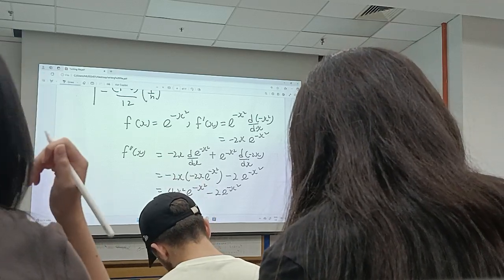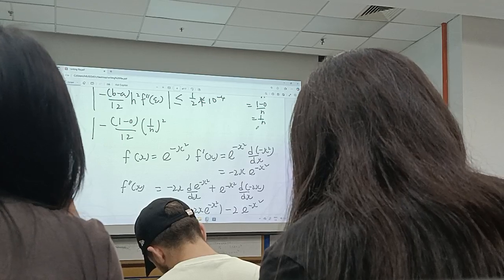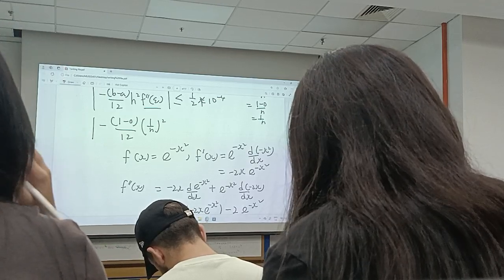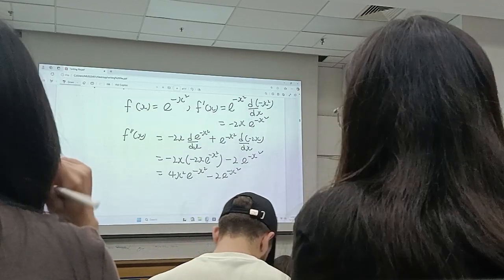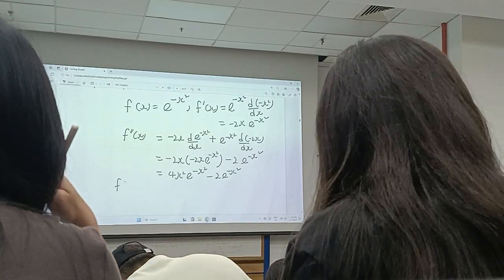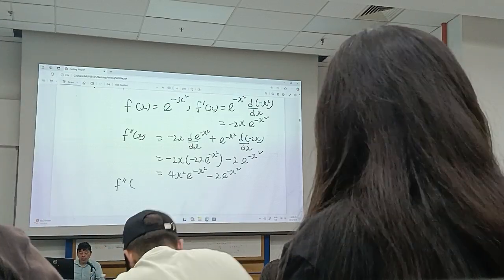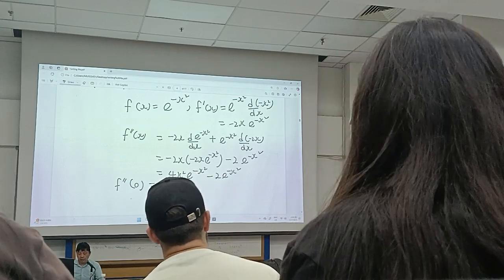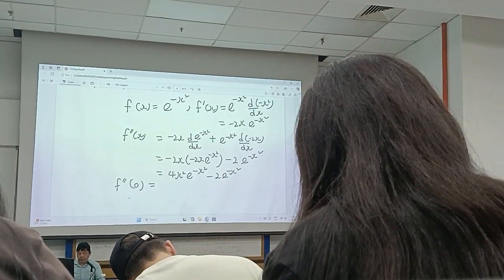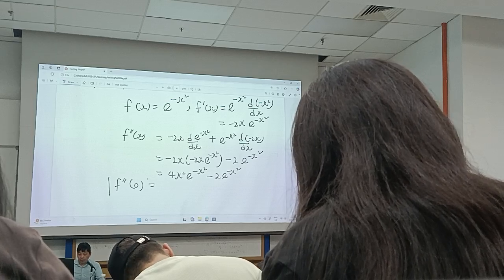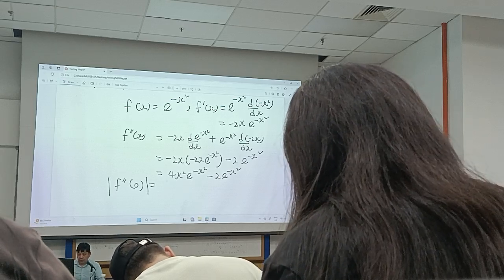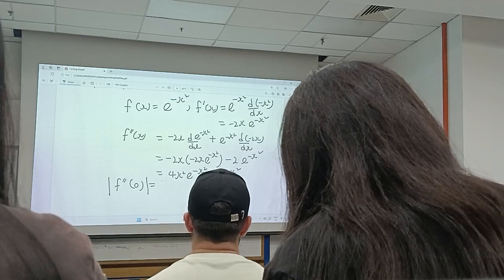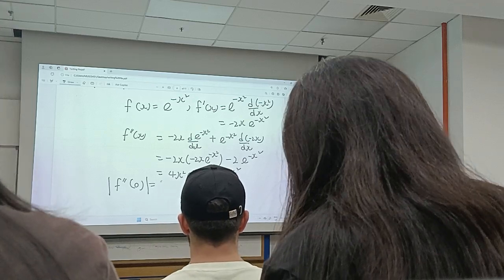So now let's see how to get this value. This is a maximum value. Okay, in order to get a maximum value, we need to plug in lower and upper limit to see which one will give you the maximum value. Okay, we consider the absolute value only. So first we plug in 0 into the second derivative.